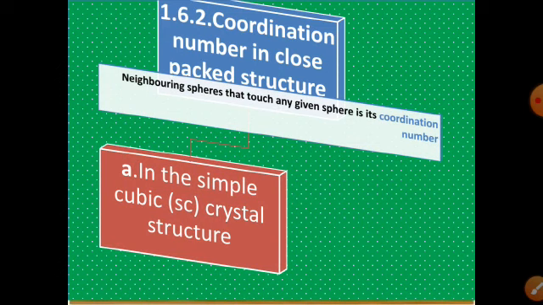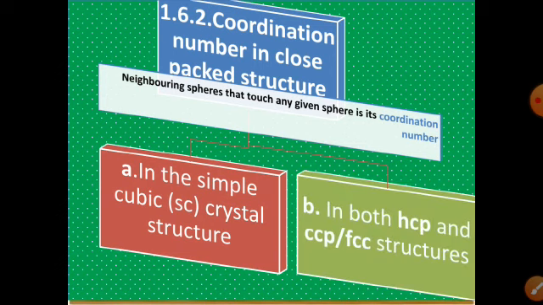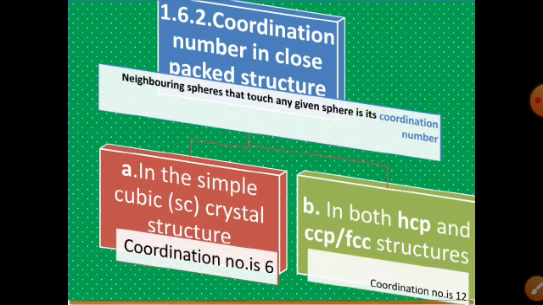In exams, questions sometimes ask you to define coordination number and write the coordination number in simple crystalline solids and in HCP, or you can say CCP, which is also called a face centered cubic unit cell or structure. In case of simple cubic, you have seen that it is 6, and in case of HCP, CCP or FCC, it is 12. We have already seen that in a previous slide.